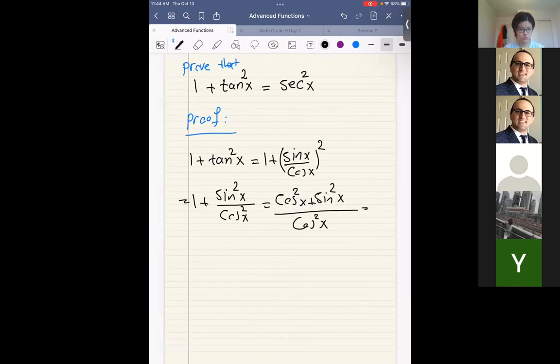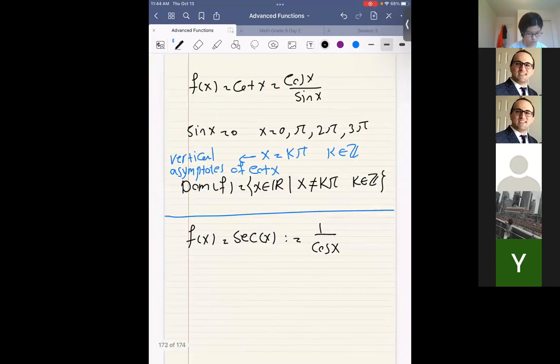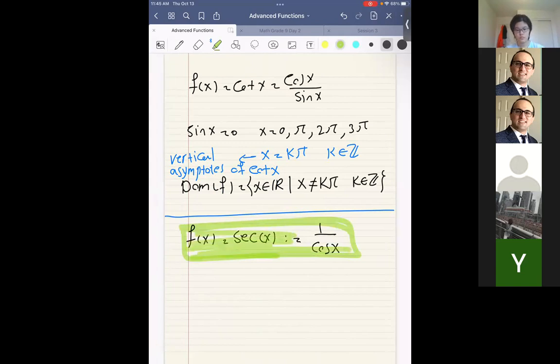So this is equal to 1 over cosine square. But 1 over cosine is just secant. That's the definition of secant. Remember? Okay, so we are done.